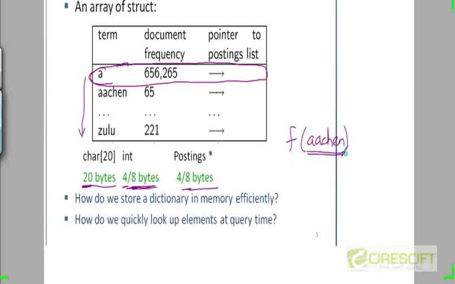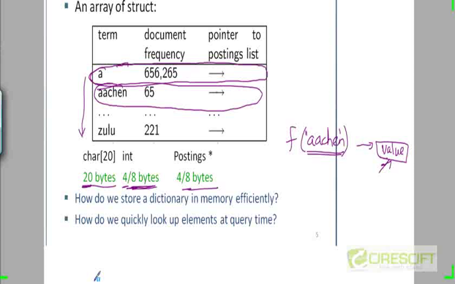So this f applied on this string AACHEN will give me a value, and I'm going to look up the array at this index, and I'm going to store the entire record for this term. I'm going to stuff it into the array at that index.